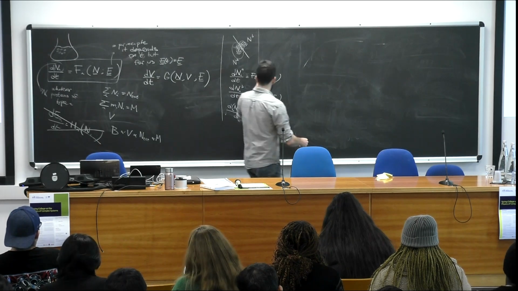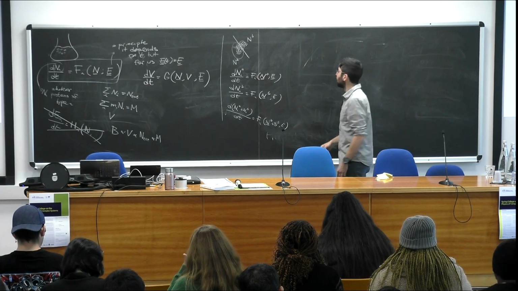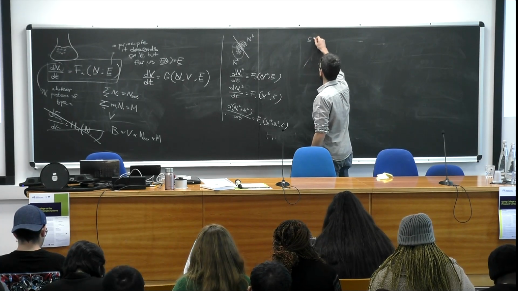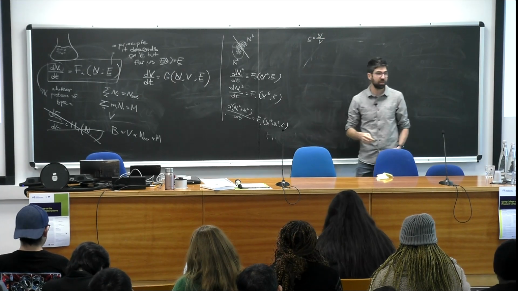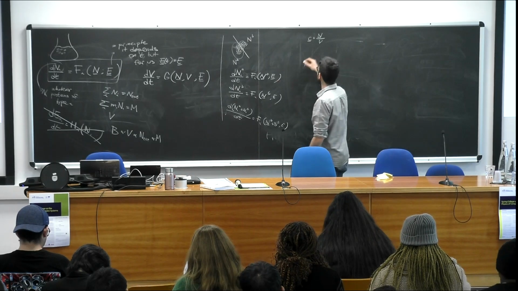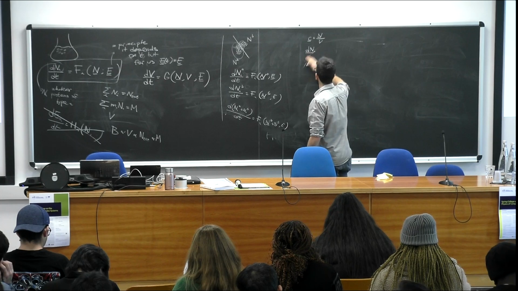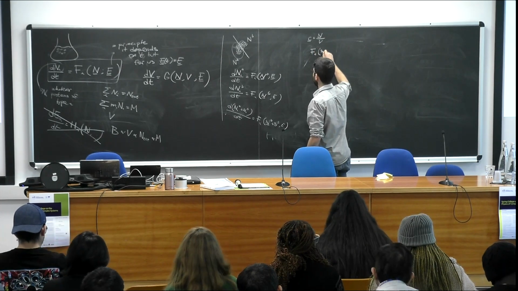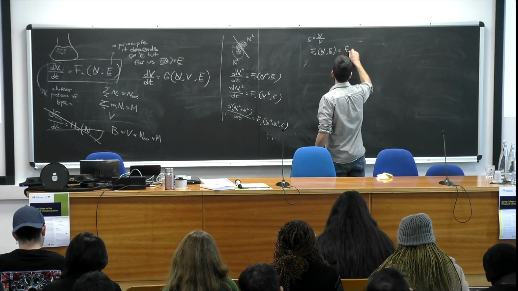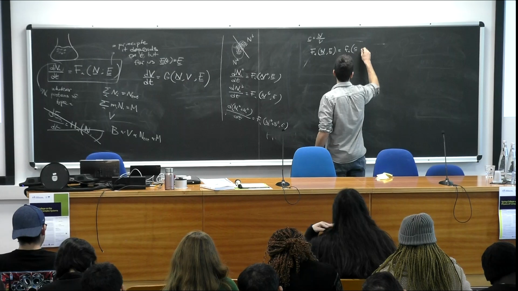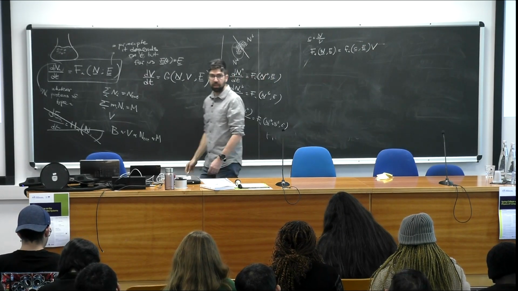So this means that if I want this property to hold, I can introduce concentrations, dN over V, and I can rewrite the equations for dN/dt. I can write my function F_i(N, E) as some function of the concentration, f_i(C, E), times V.